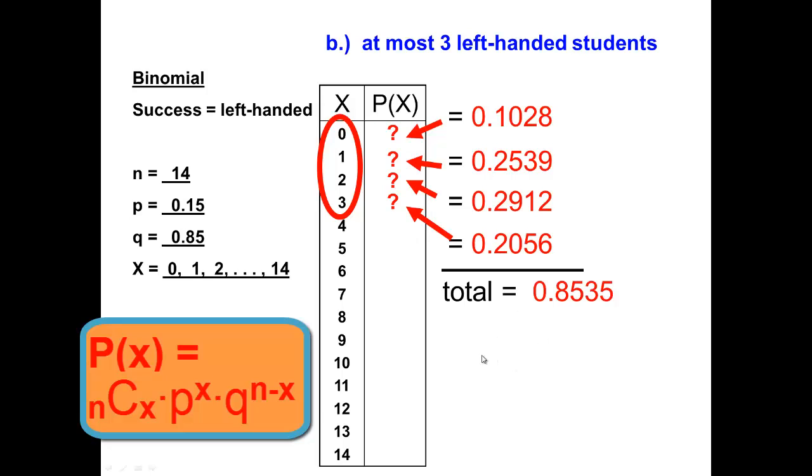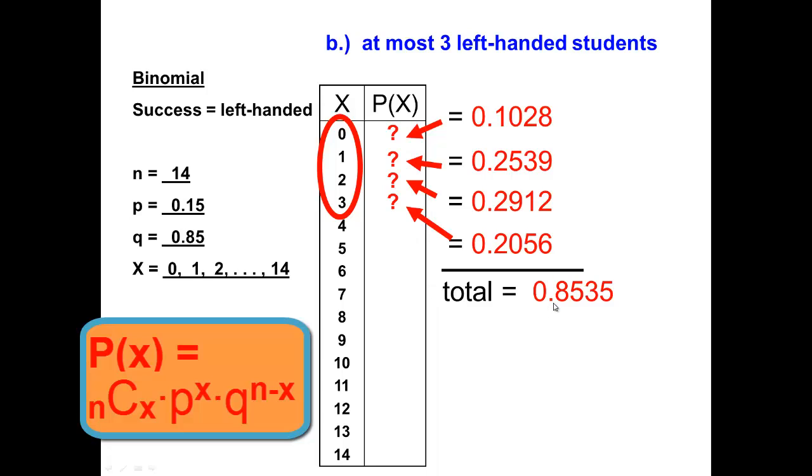Add those together, because being a success of at most 3 is being x equals 0 or x equals 1 or x equals 2 or x equals 3. And the or, remember, tells us to add.